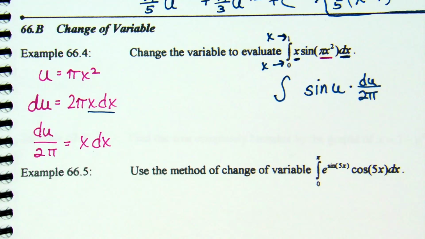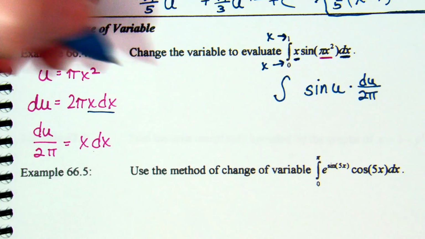The other option is that instead of using 0 and 1 as x values, we can change those x values to u values. And I find that a little bit easier if we change them now while it's all in my head that, okay, I'm changing variables, and then I don't have to worry about changing anything later. Meaning, right over here, we defined u to equal pi x squared, correct?